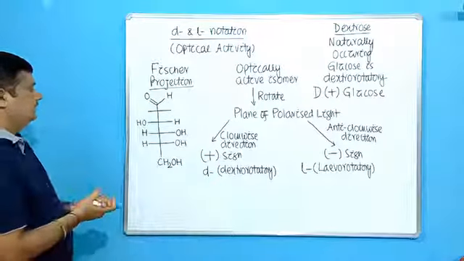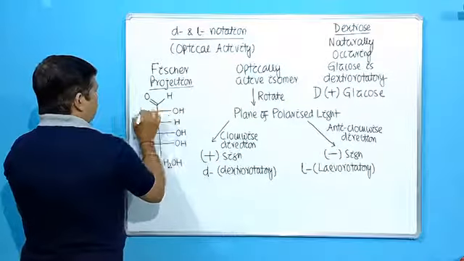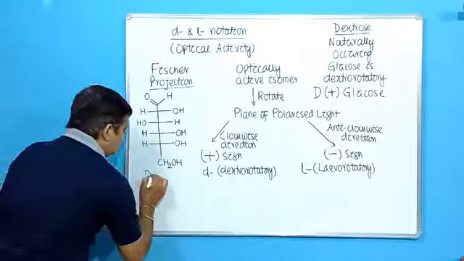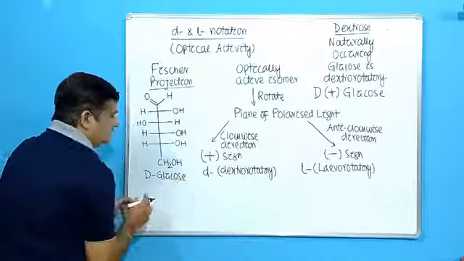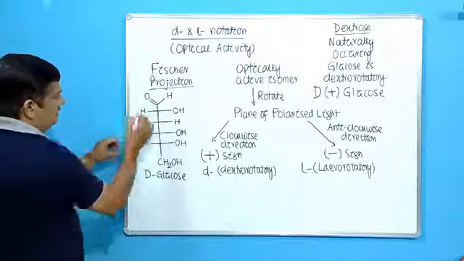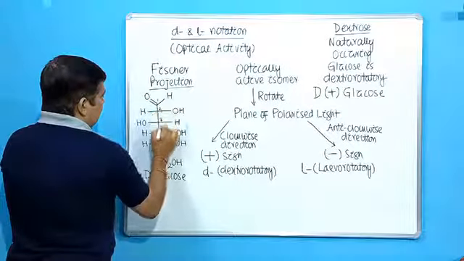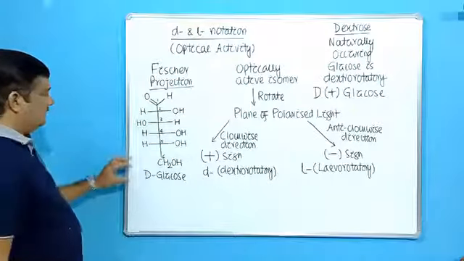So this is how the Fischer projection for D glucose is written. The first carbon atom is here, second here, third here, fourth here, fifth here, and this is the sixth carbon atom.